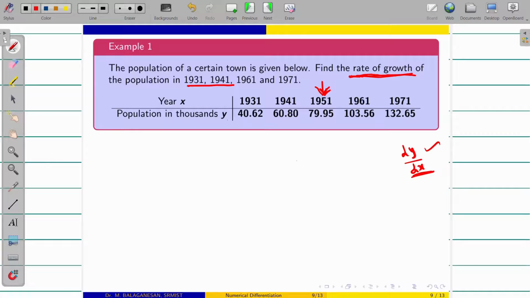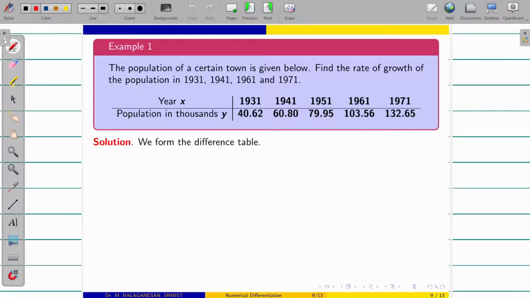Rate of growth of population with respect to year means y with respect to x, dy by dx, the derivative of y with respect to x. Right. So for 1931 and 41, before the middle level, we can use the forward interpolation formula for derivatives, and 1961 and 71 are after the middle level, so we can use the backward interpolation formula for derivatives. Yes. Now come to the problem.